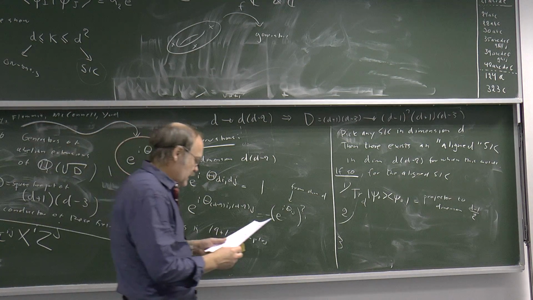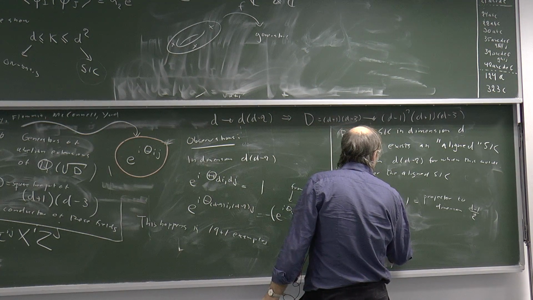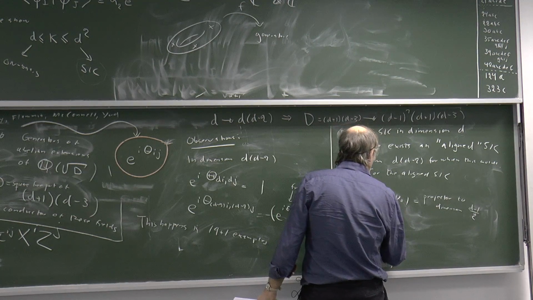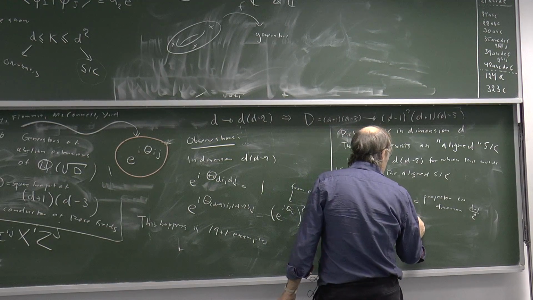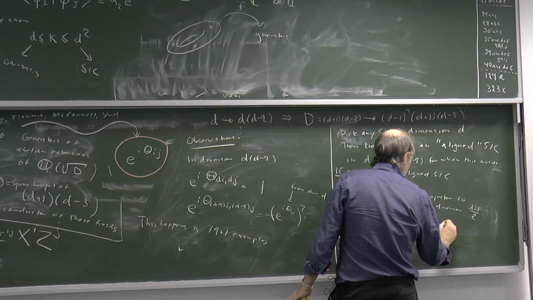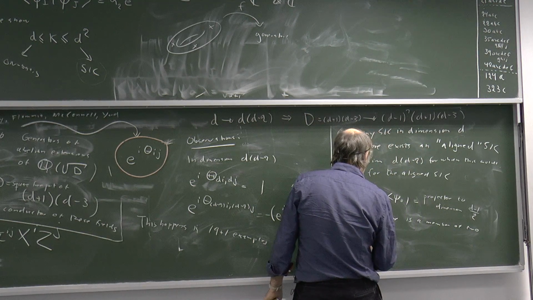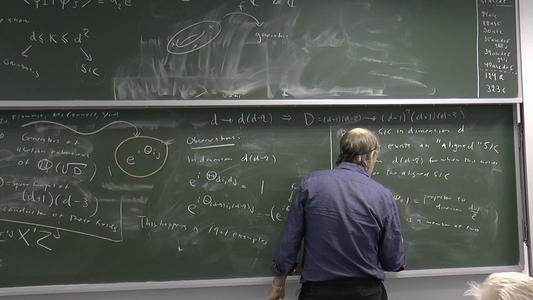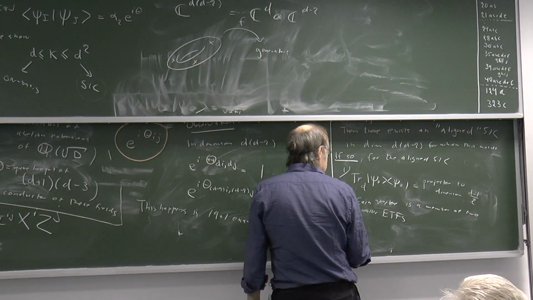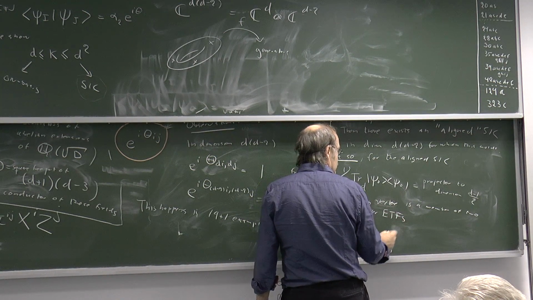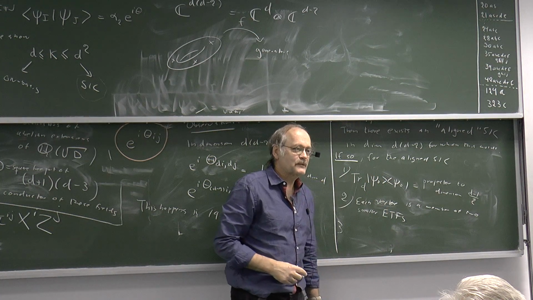Then we can also prove that each vector in an aligned SIC is a member of two smaller equiangular tight frames. So there will be a set of this thing, it's getting confusing, isn't it? This thing is a vector in a SIC of dimension d times d minus 2.